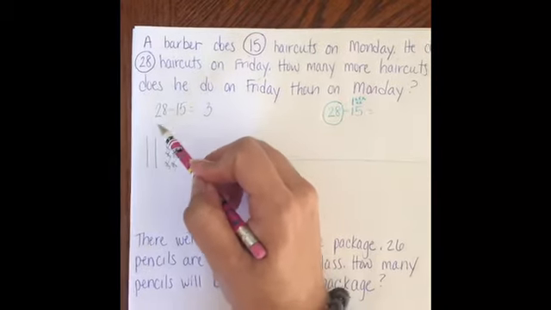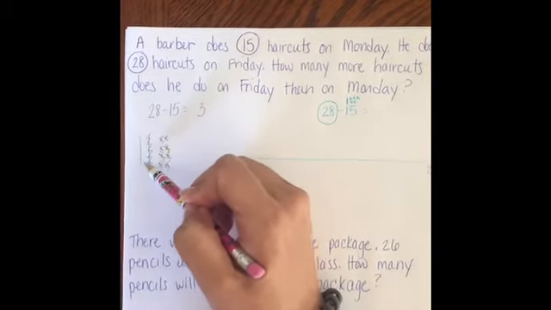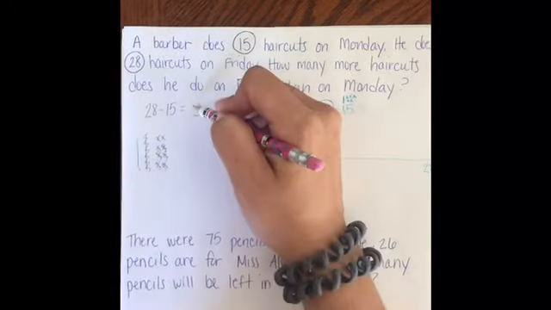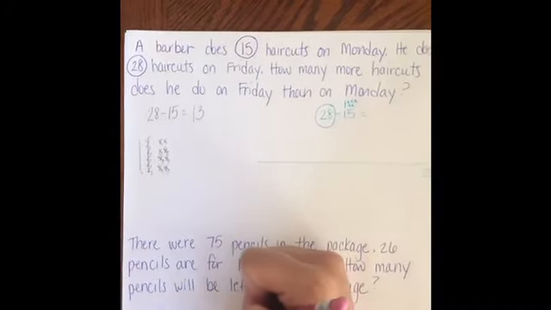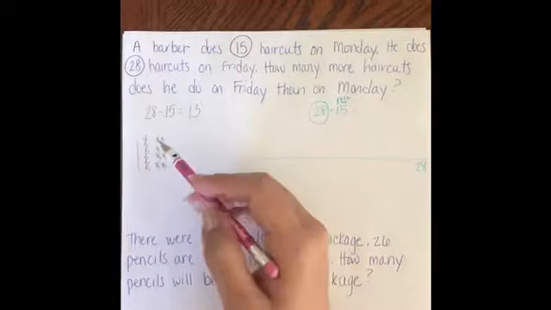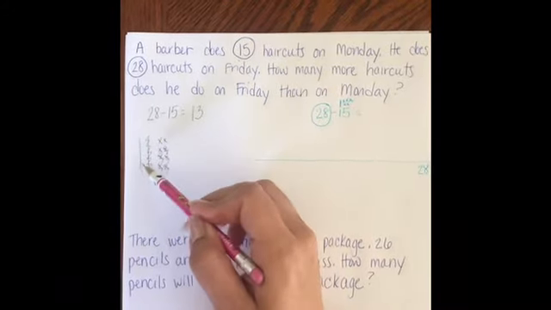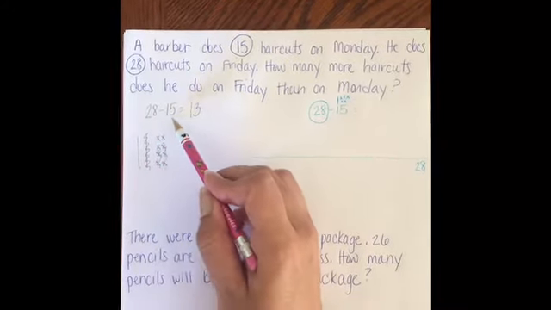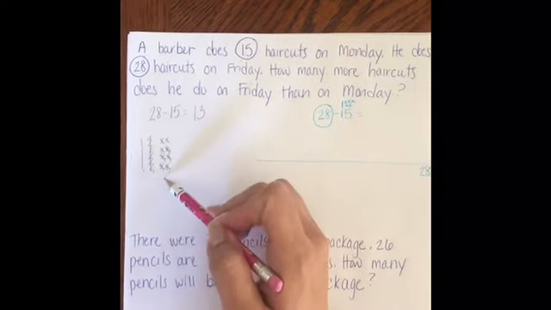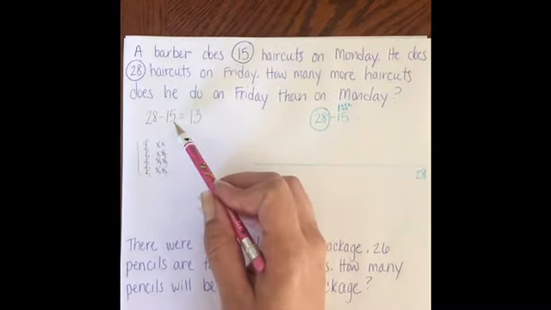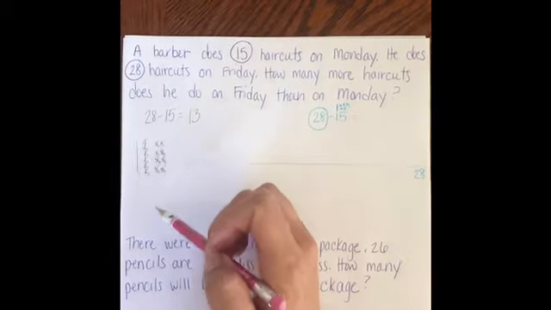And I can also take away 1 rod, which leaves me with 1 rod, which is a 1 in the tens place. So according to my base 10 block strategy, 28 minus 15 equals 13. No regrouping necessary. We just took away 5 cubes and 1 rod.